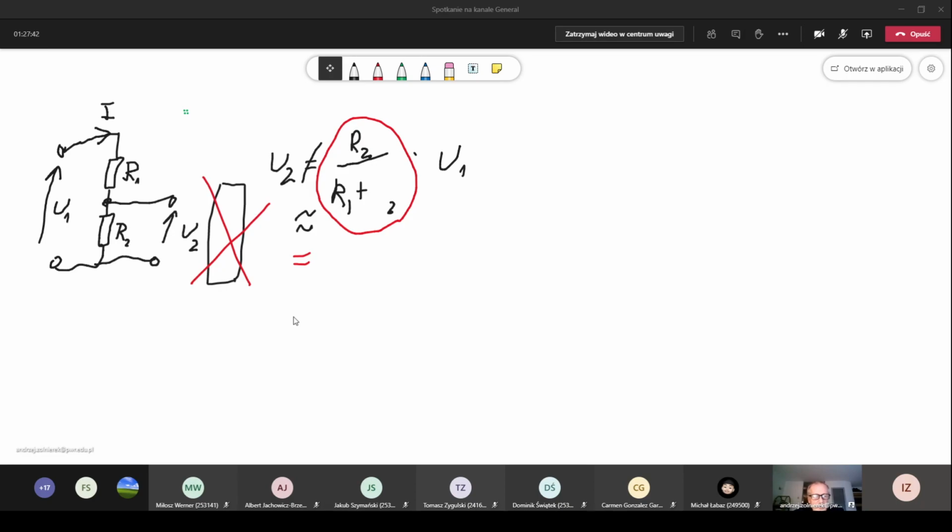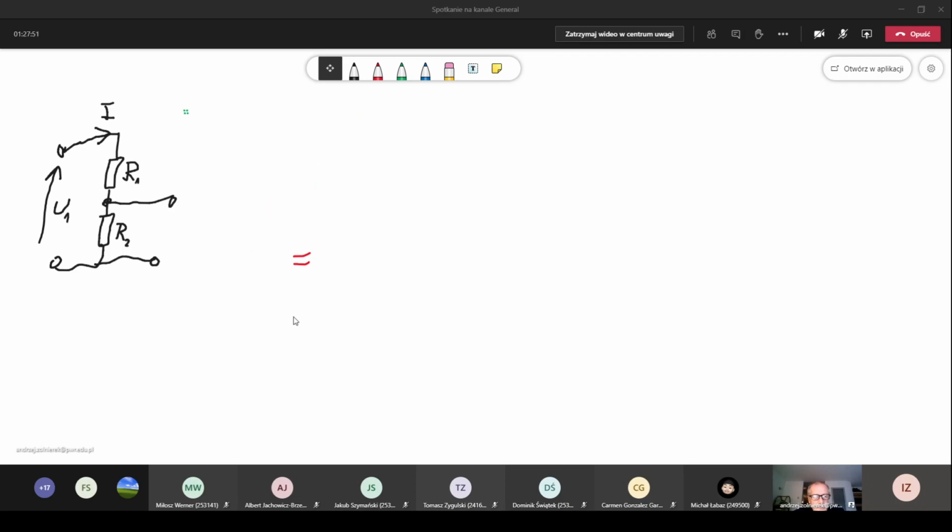For example, let's do it for such structure. I mean this structure with feedback. Of course, negative one. And we deal with single input, single output system.